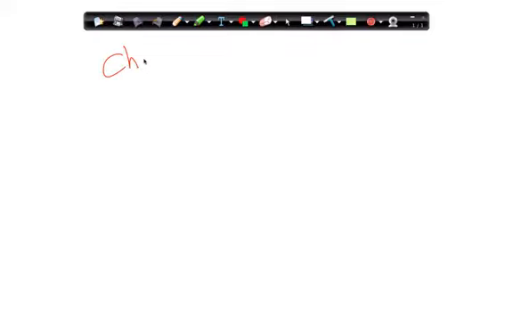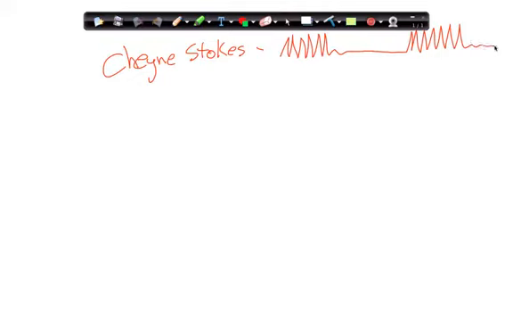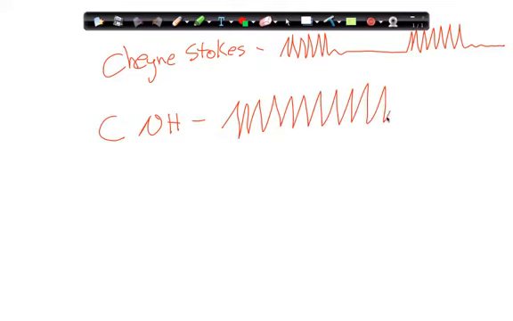So Cheyne-Stokes, hyperventilation, and then we have central neurogenic hyperventilation, which is essentially we're going to run it till the wheels fall off, and then apneustic pattern.